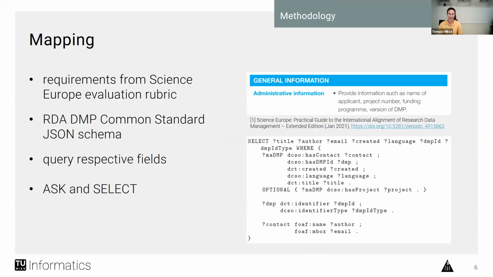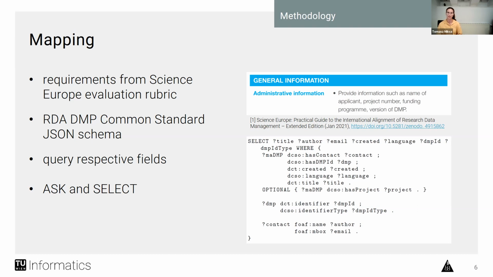So what did we do exactly? First, we mapped the requirements established in the Science Europe evaluation rubric to the fields of the Common Standard specification. And then we constructed SPARQL queries that query those fields. So depending on the assessed criteria, we constructed ask or select queries. So ask queries simply check whether a certain criterion is fulfilled. So they simply return true or false. And select queries, on the other hand, collect the queried information.